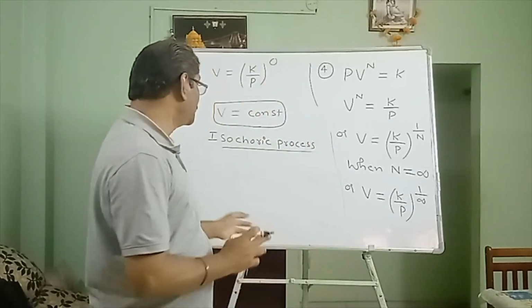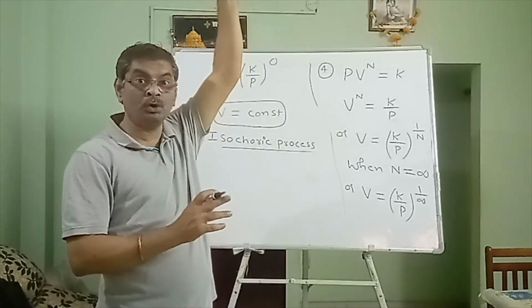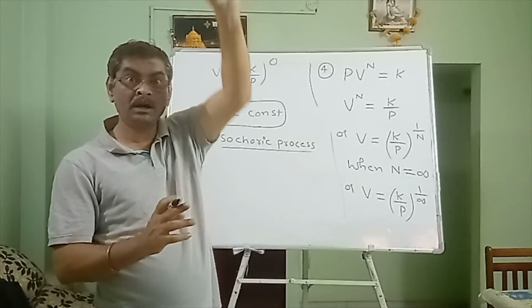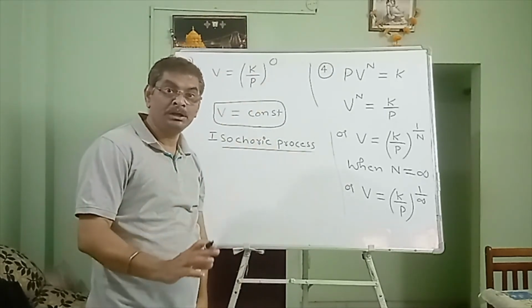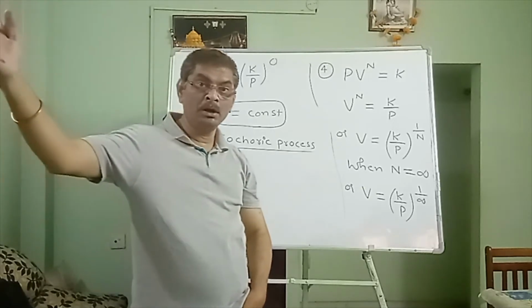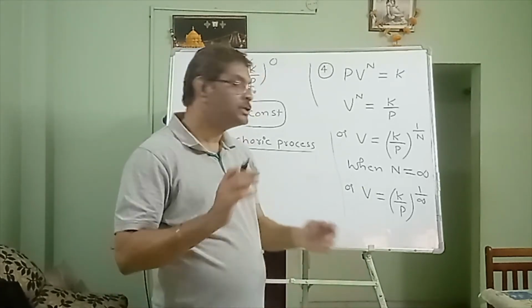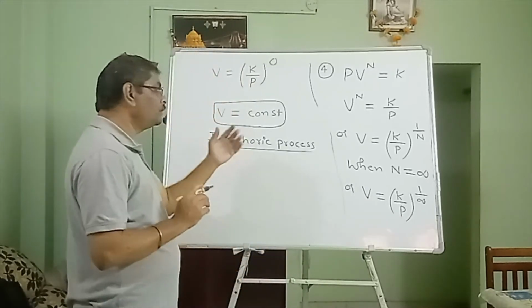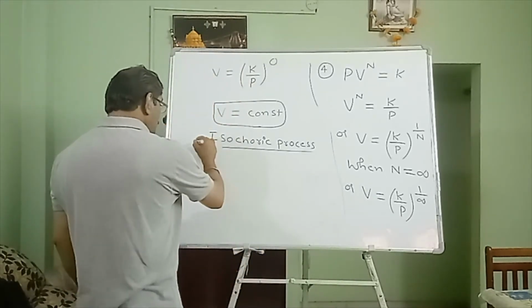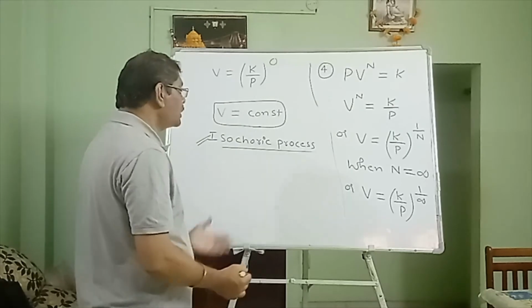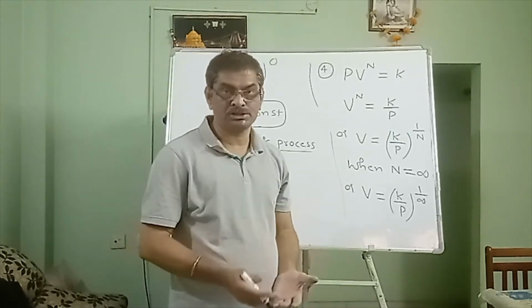So I can say the volume of the ideal gas will remain constant, and you already know any process in which the volume remains constant is generally called the isochoric process.